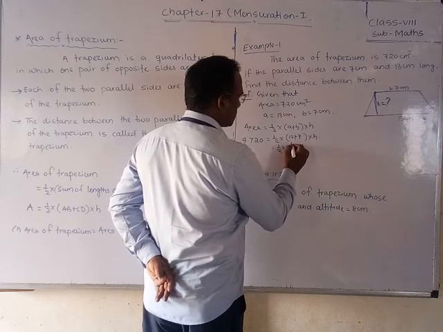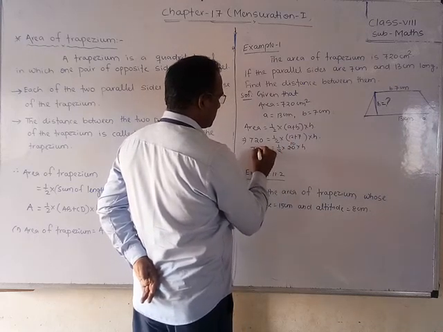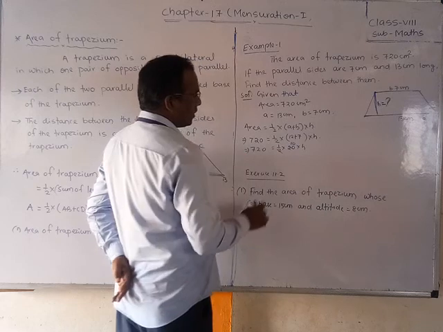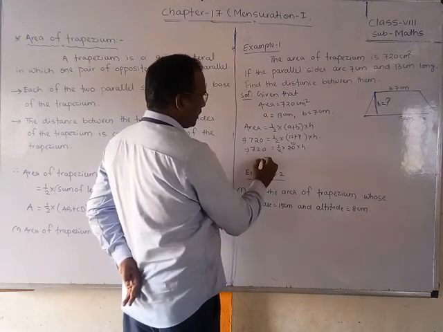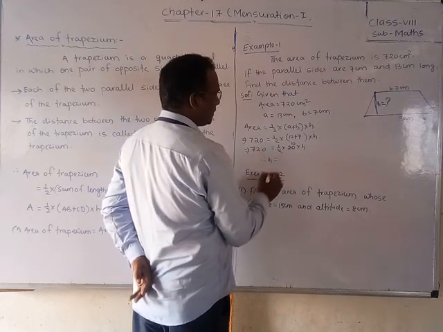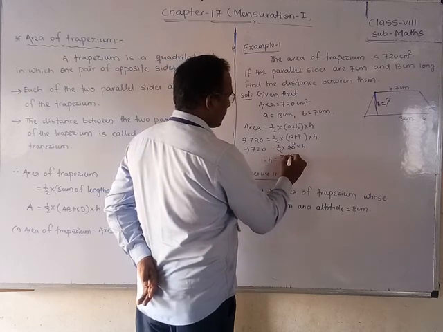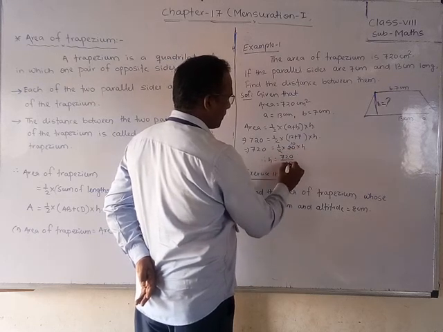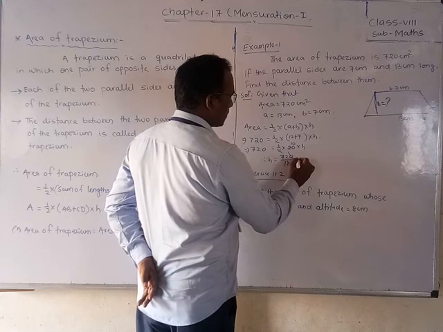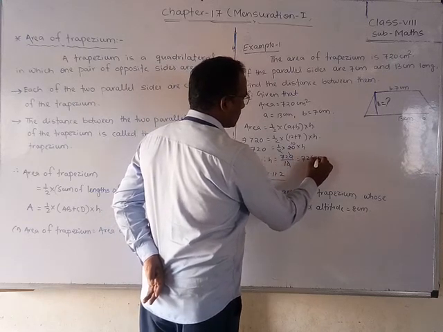If 2 cancels, this is 10. Okay. Now which implies 10h is equal to 720, hence h, the height, is equal to how much will come? 720 by 10. So 0 and 0 cancel, 72 centimeter.